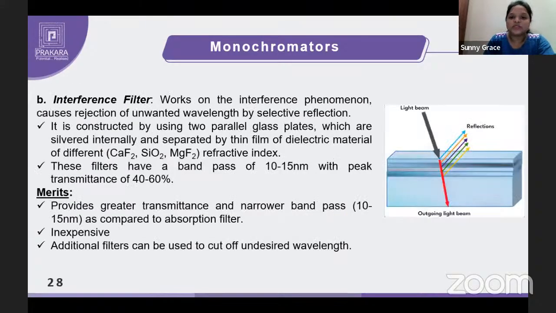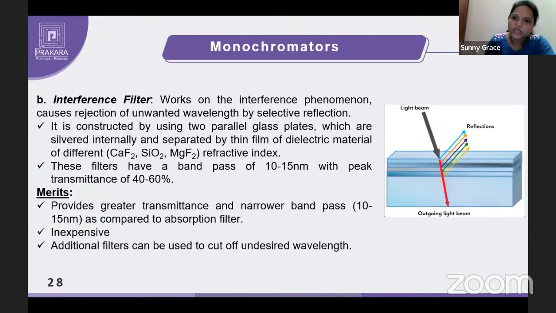Next are the interference filters. Interference filters are something like when you're using an online shopping app. When you want to buy a specific thing, you filter all the things, whatever you don't want and whatever you want, you select. What remains gets automatically rejected according to the criteria you have selected.